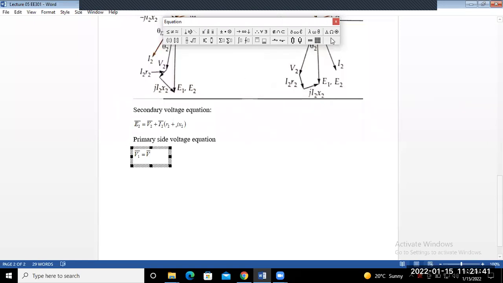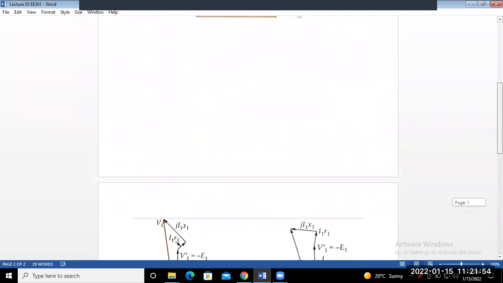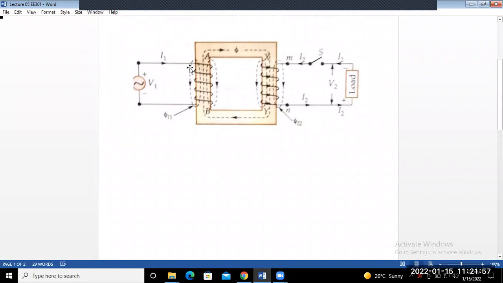Whatever flux leaks through the primary coil, the leakage flux is represented by which quantity? That means X2 for the secondary and X1 for the primary. For the primary side coil, the resistance value is represented by R1, and the leakage reactance value is represented by X1.